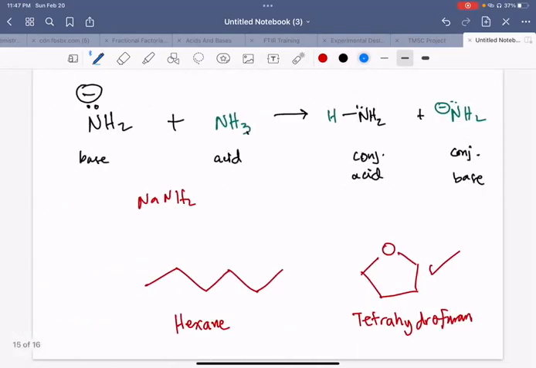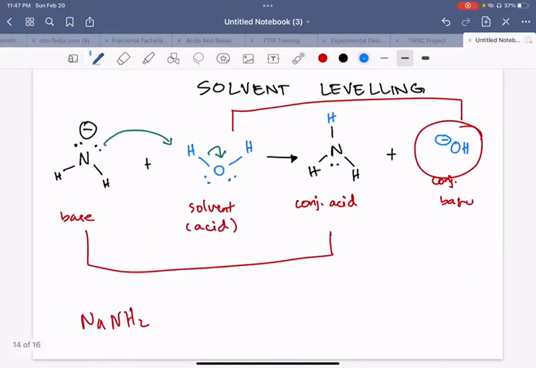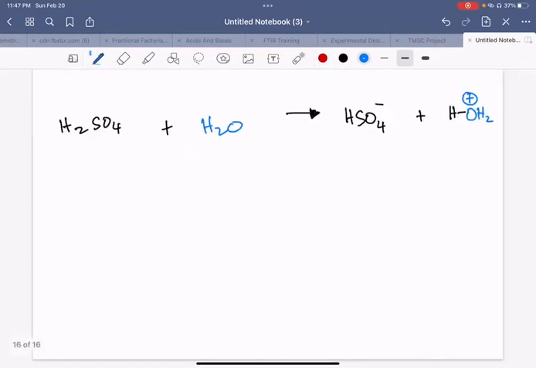Just as before, hydroxide ion, which is the conjugate base of water, will not be allowed to be more basic than water in solution. The same thing applies when you use water and you have a strong acid.